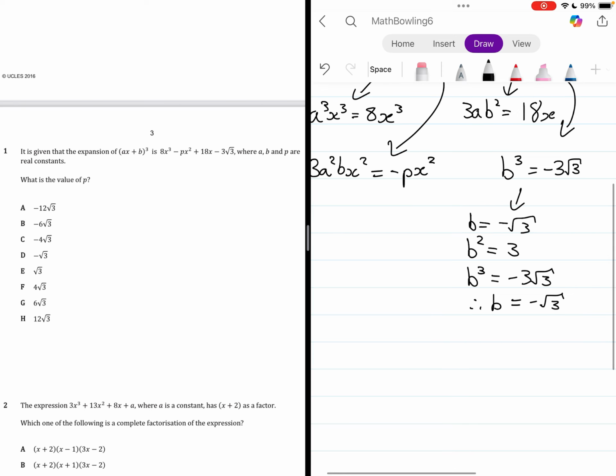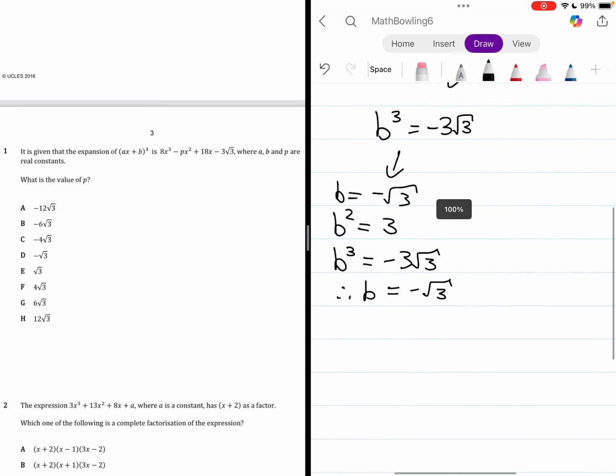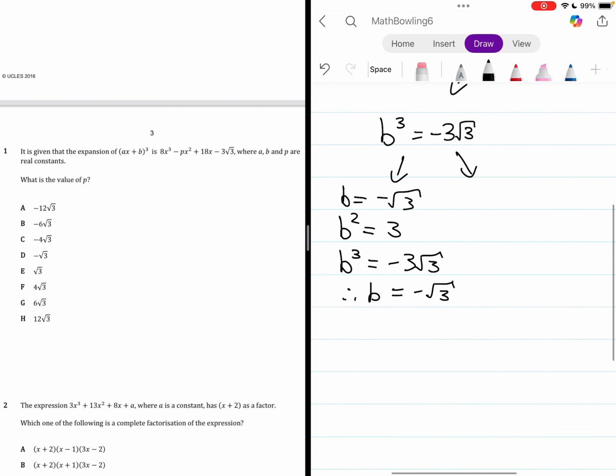Another way of doing that is just to express what we have here as, first off, we can times both sides by negative 1. We're going to get negative b cubed equals 3 root 3. Negative b cubed equals 3 to the 1 times 3 to the half.